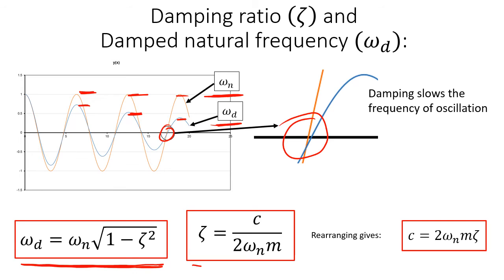Next to that, we have a relationship for zeta. Zeta, our damping ratio, equals our damping coefficient in our system divided by twice the natural frequency multiplied by the mass in the system. And finally, over on the right hand side, all I've done is rearrange that equation so that we make our damping coefficient the subject of the equation.